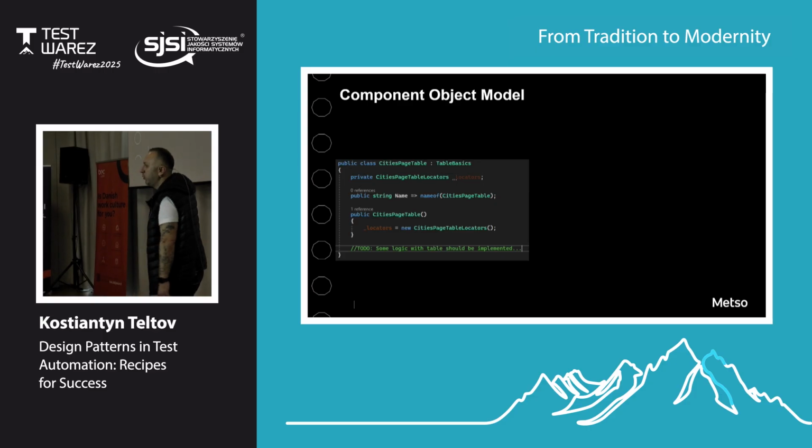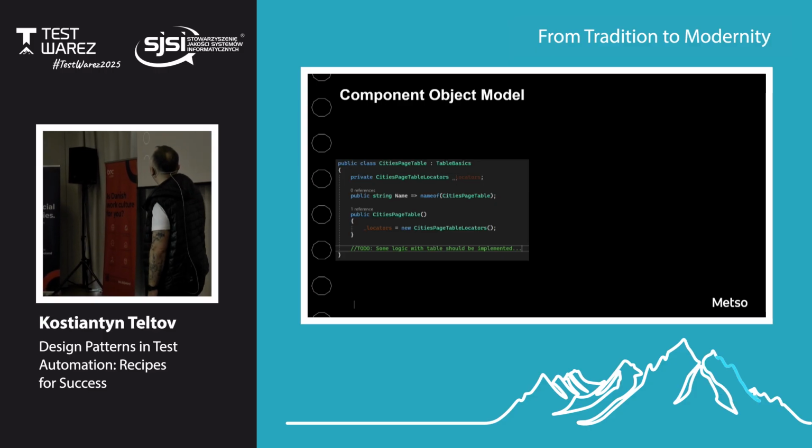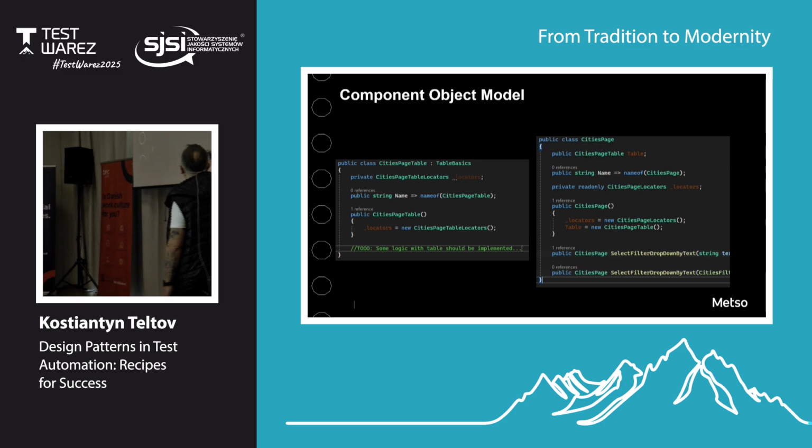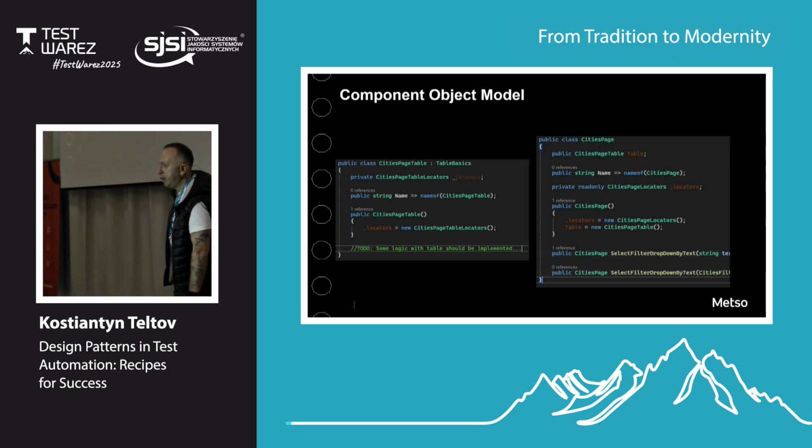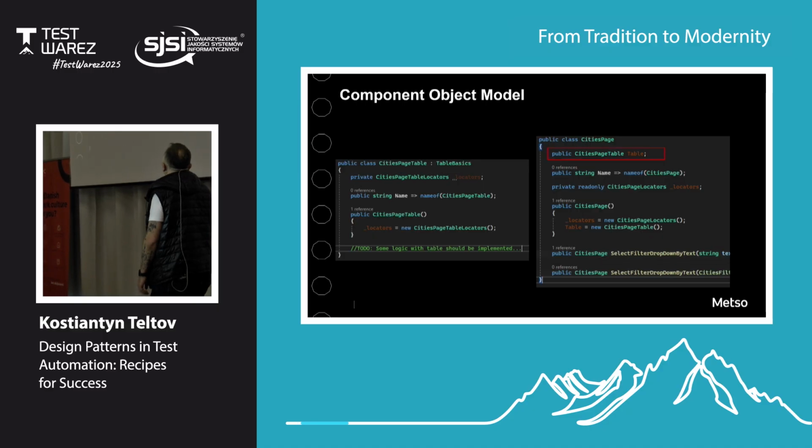I prefer to use subclasses, so just create a separate class, like here, cities page table, and then I just initialize this class inside of our main page object. But of course, there are different implementations of that.